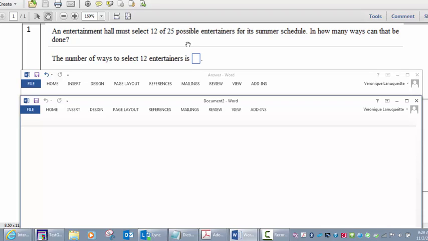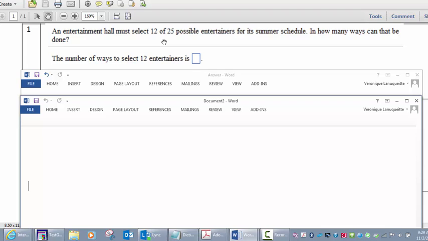Does order matter, yes or no? We are only selecting 12 people from 25 so that they can be part of the summer schedule. We are not assigning them a spot, saying that you'll be the first one, the second one, or the third one. We are not ranking them by saying that they're the best or the second best or the worst. Basically, we are just choosing from 25 people in front of us, only 12 of them.